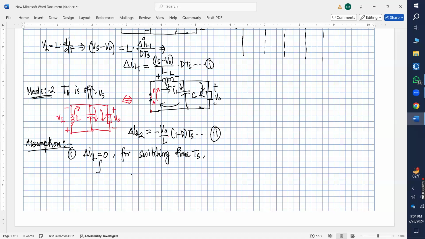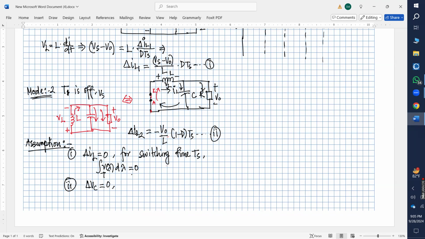And from that, we concluded that my VL average over a switching time T should go to 0, right? And the second assumption was my del VC should be 0.